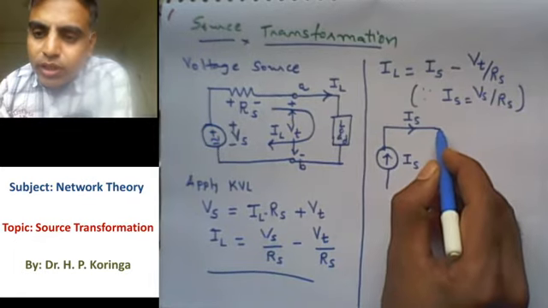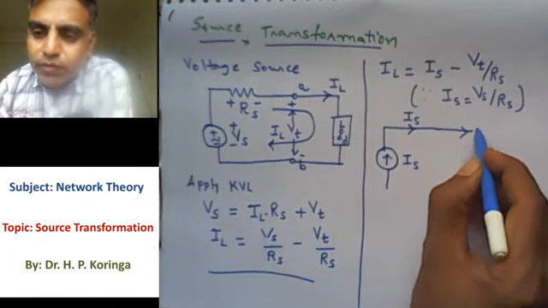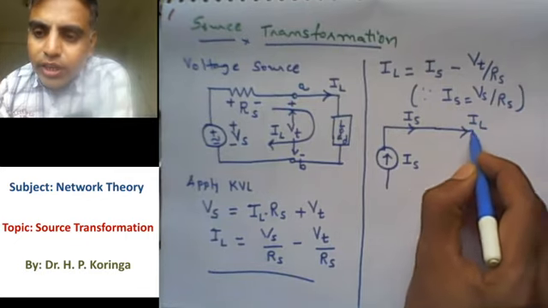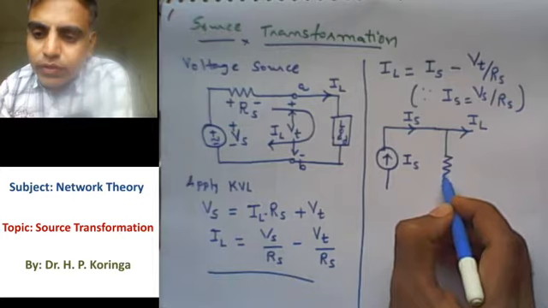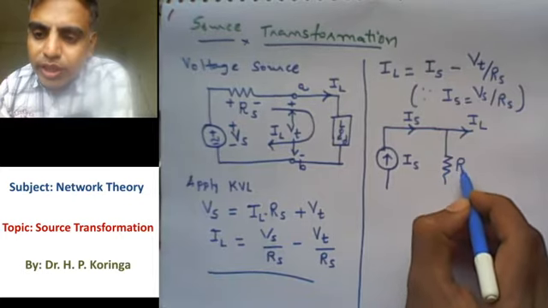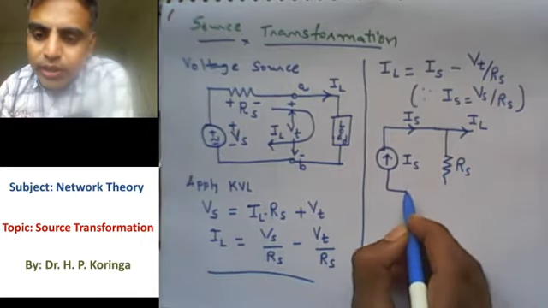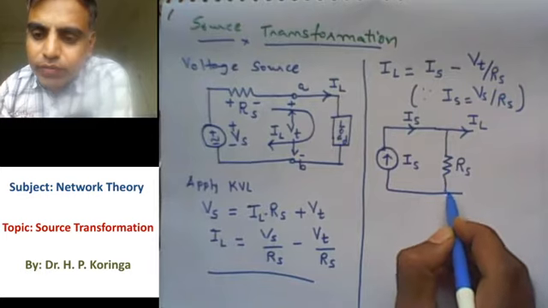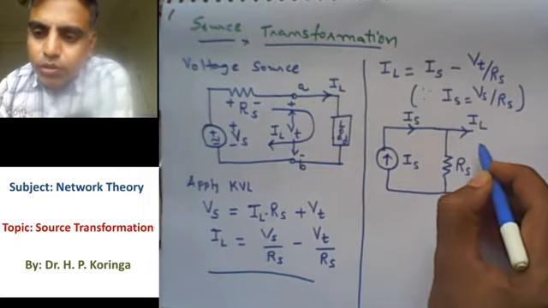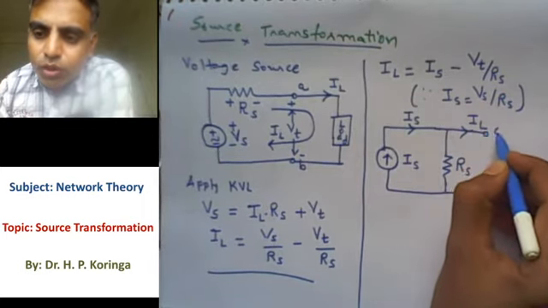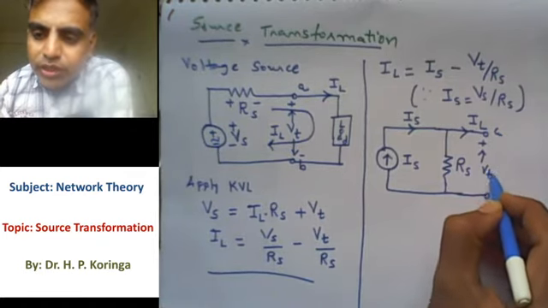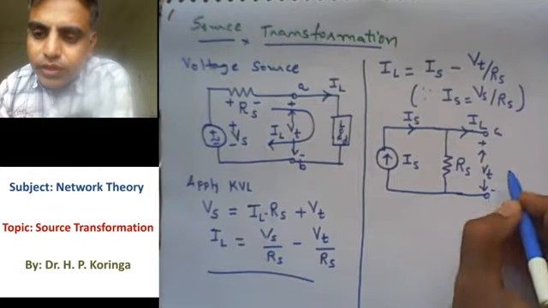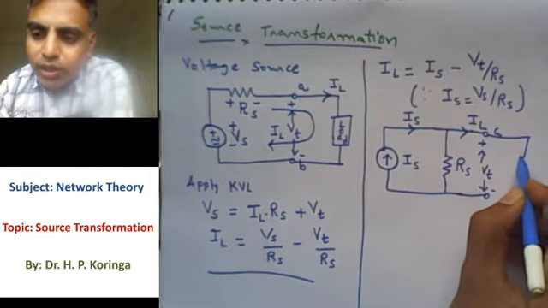One is the load current IL, and the other is the terminal voltage divided by Rs. So the parallel resistance is Rs. Whatever the potential here is the terminal potential Vt, and here we have the load.